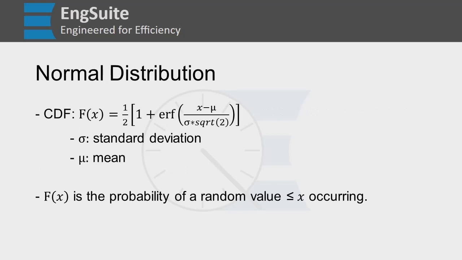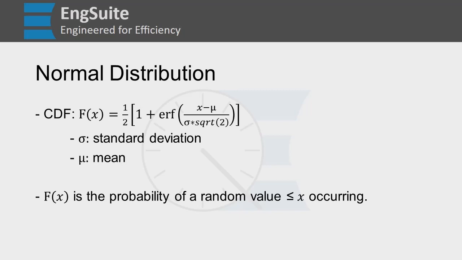The normal distribution is part of probability distribution theory, and what we're really focused on here is the continuous distribution function. It follows this formula here, where erf is the Gaussian error function, x is the actual value we want to evaluate, mu is the mean, and sigma is the standard deviation.